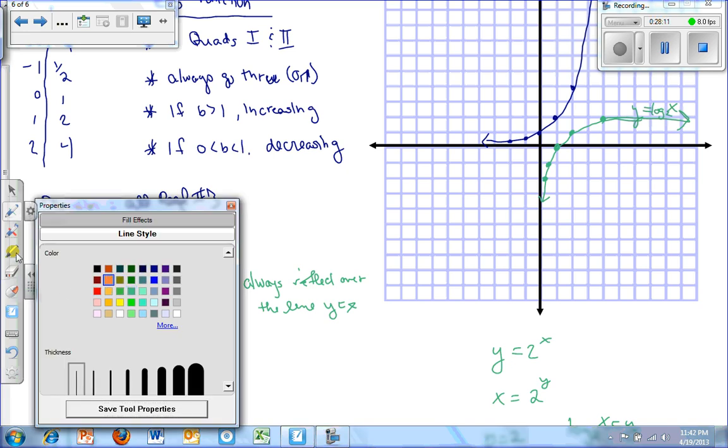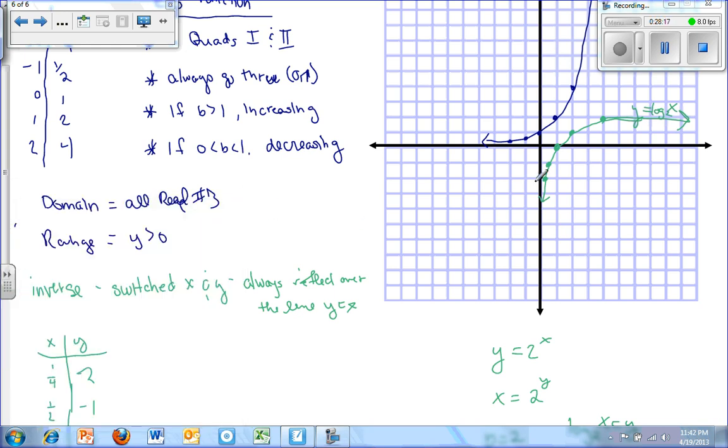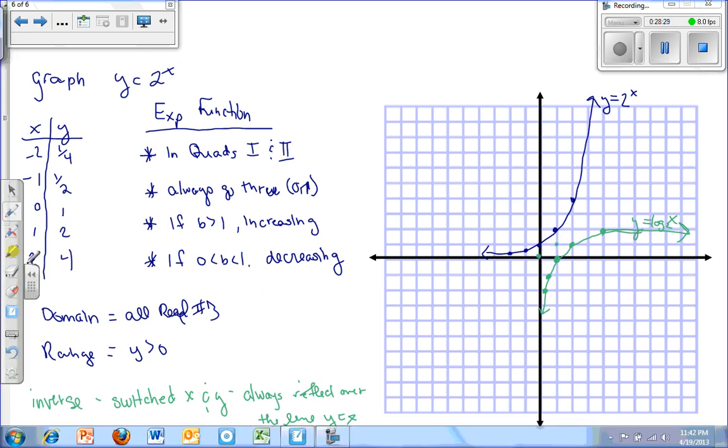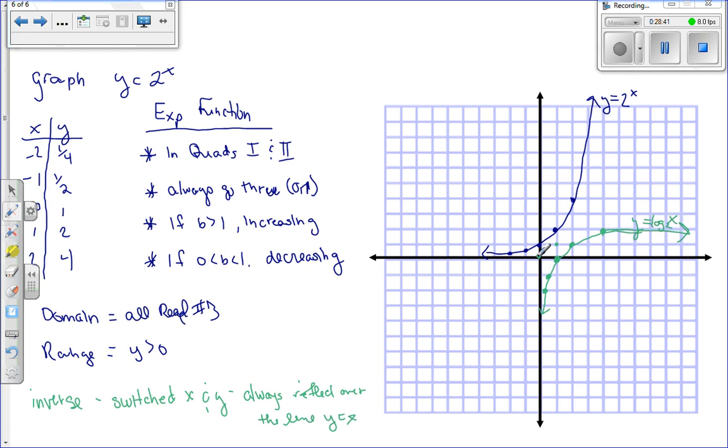And if you notice, if I were to graph the line y equals x, that's the line that splits everything in half, my quadrants in half.